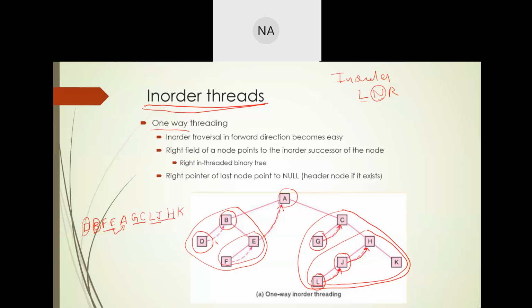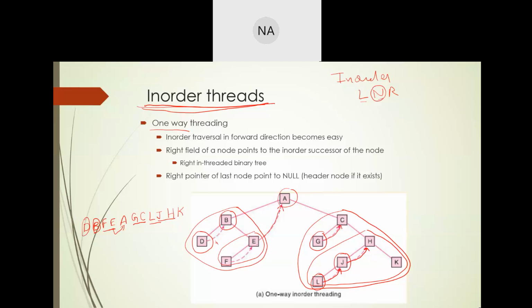So in this figure you can see that at a node which doesn't have a right subtree, we have stored a special pointer called a thread, which points to the in-order successor. This kind of thread is called an in-order thread. So an in-order thread points to the in-order successor, right?